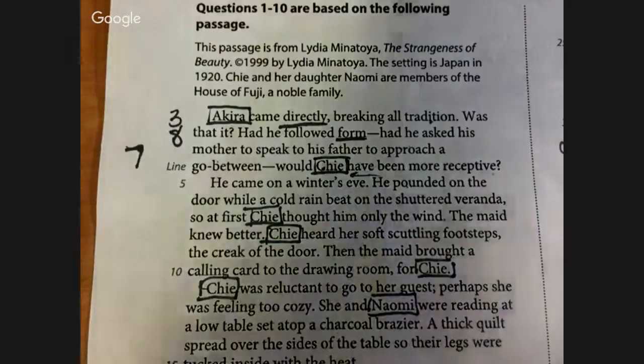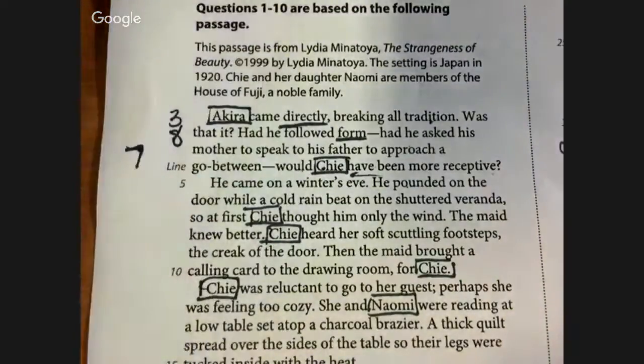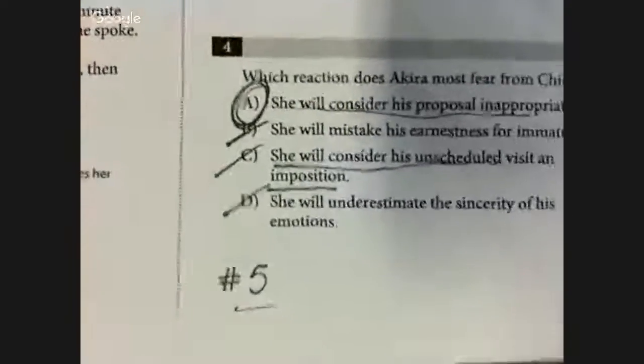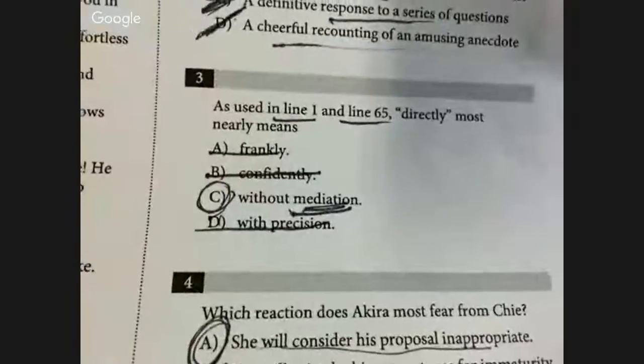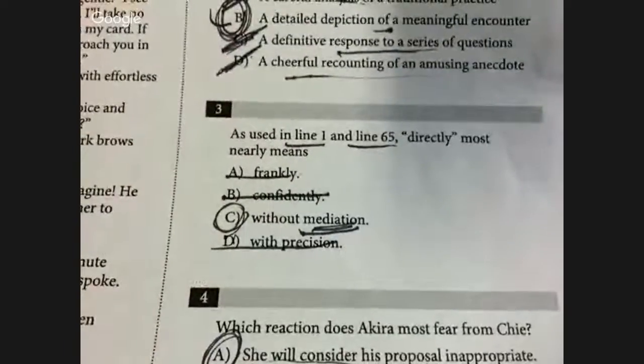Okay, so far we see that we have information that would pertain to questions 3, 7, and 8 within the first paragraph. Question number 3 is, as used in line 1 and line 65, directly most nearly means.